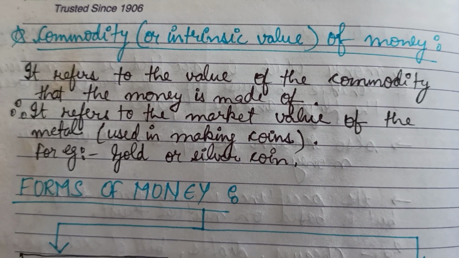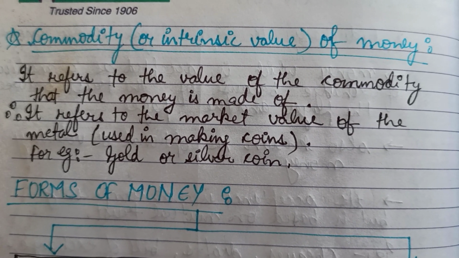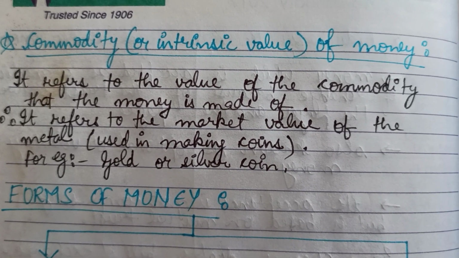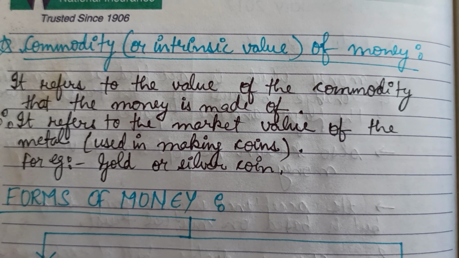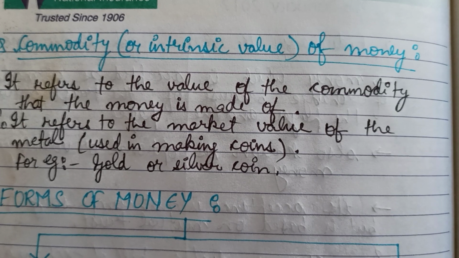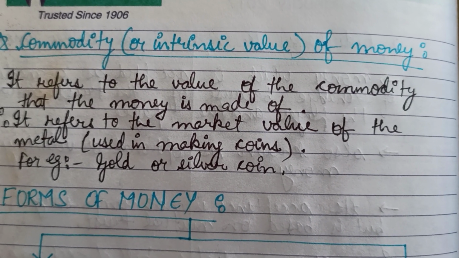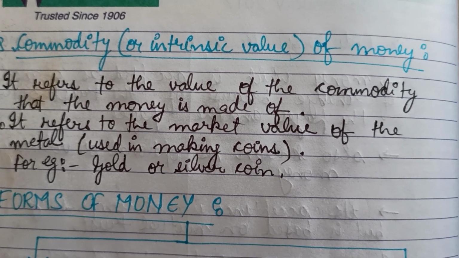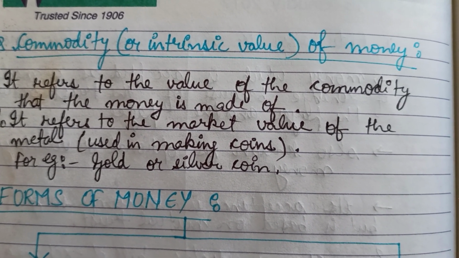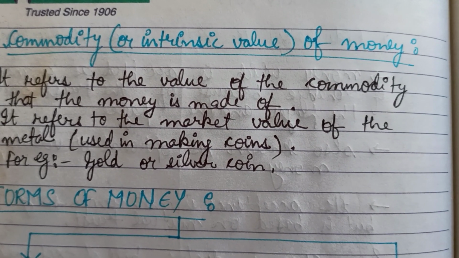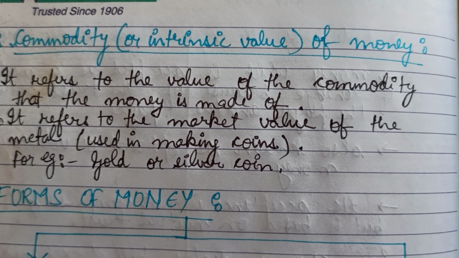Next comes the commodity or the intrinsic value of money. Now basically it refers to the value of the commodity that the money is made of. Commodity basically refers to the material which is being used in making that form of money. Suppose we talk about coins, the material or the metal or an alloy from which that coin is made up of, what is the value of that commodity?